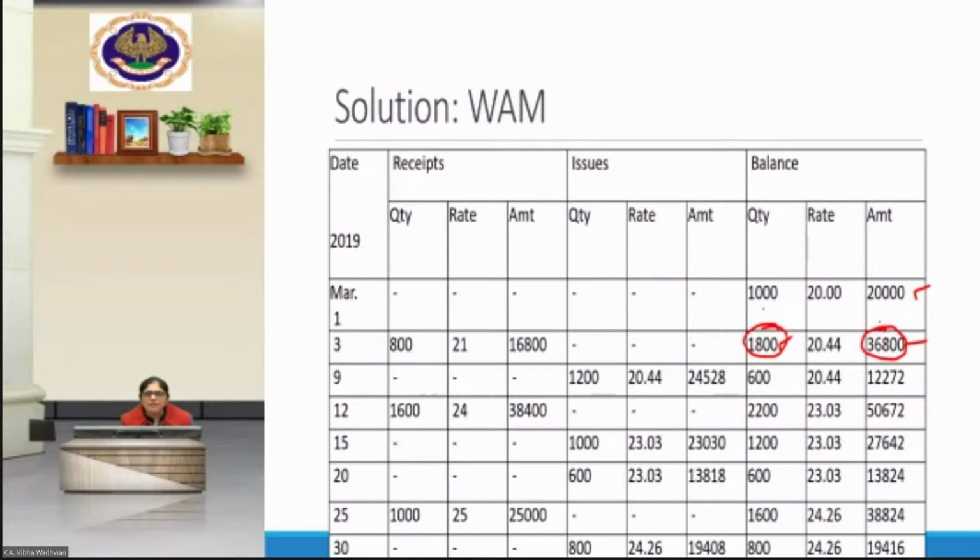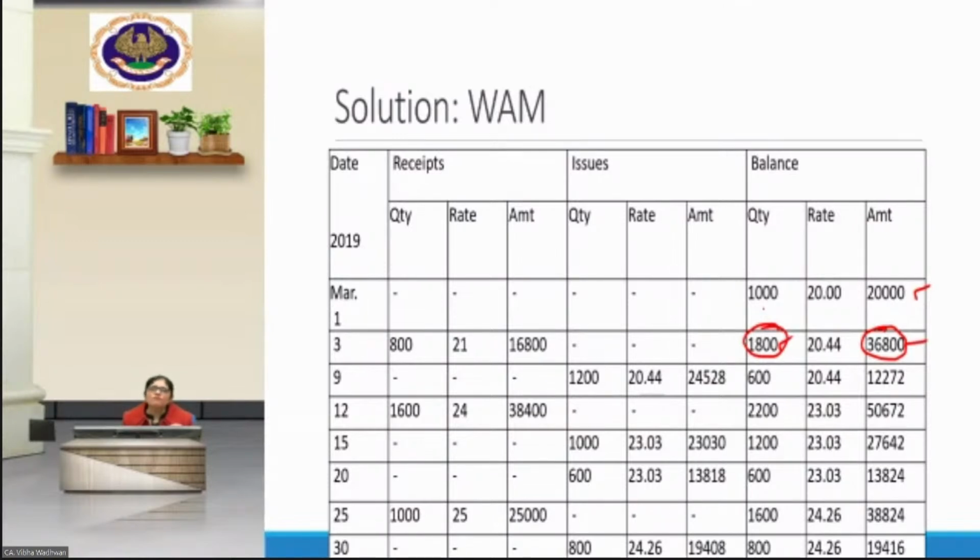There are two main properties of weighted average method. The first rule is, with every new purchase, a new weighted average rate will be calculated. The second rule is that till the time a new purchase is made, the same weighted average rate will be applicable.